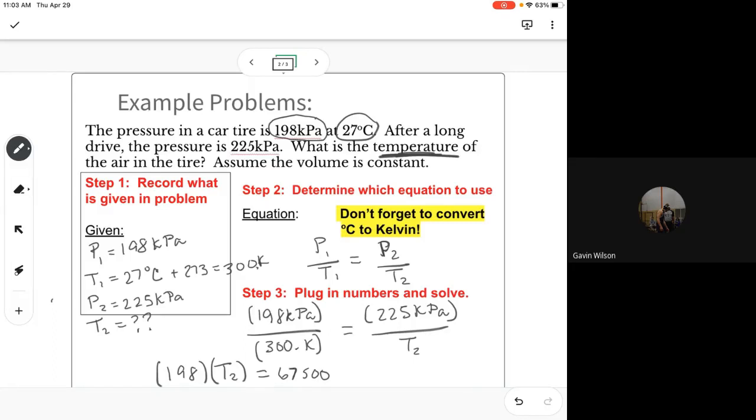So then if we divide each side by 198, sorry, my writing is getting super small. If we divide it by 198, then we have to round to sig figs.